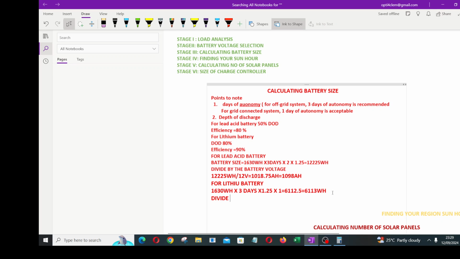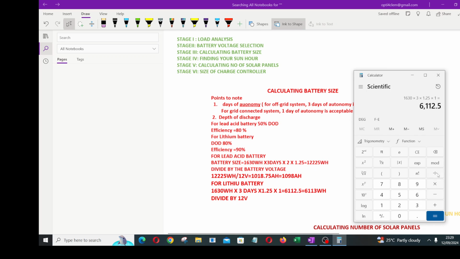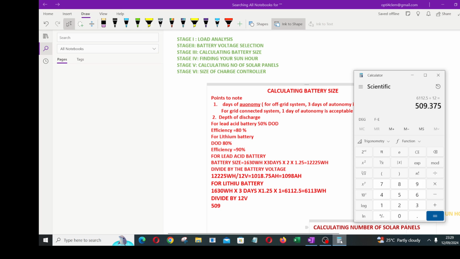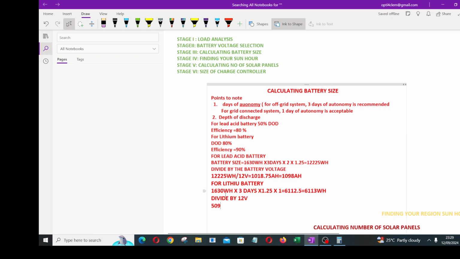So which will now give us 6112 divided by 12, that would be 509, which is around 510. 509.37 amps hour.